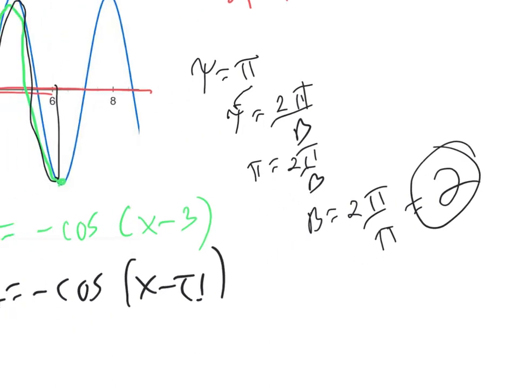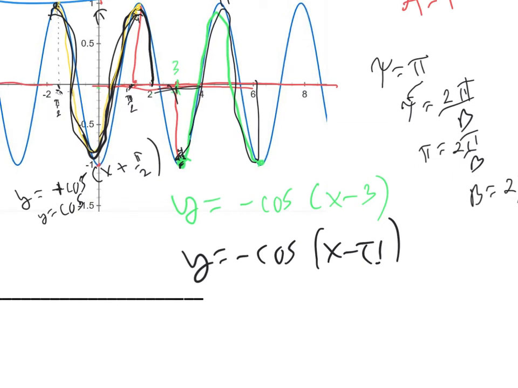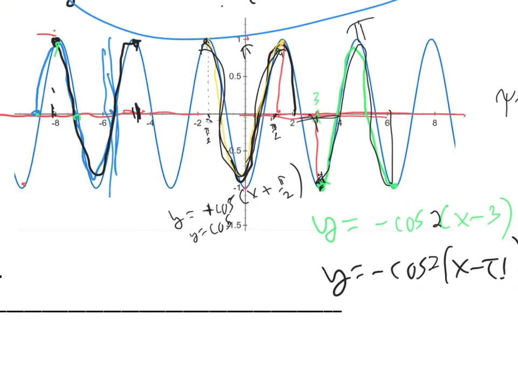Glad I caught my mistake. So what does that mean? That means I would have to have a 2. So I might have to do this work a little differently. There's got to be a 2.